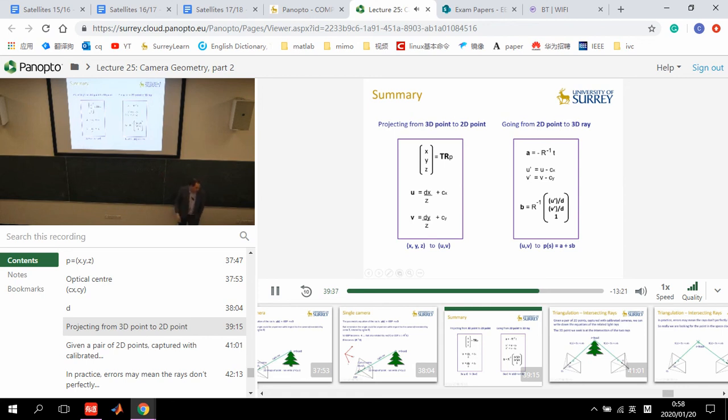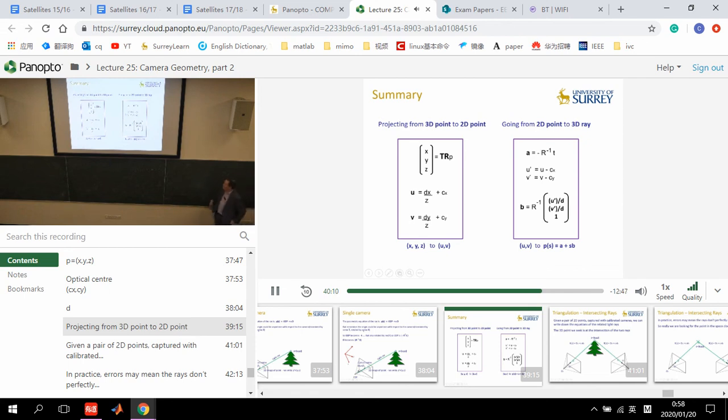We first of all come up with an expression for the center of projection of the camera, which is negative R inverse T, as we were just discussing. We're going to call that A. We're going to take our input, which is our UV, our 2D point, and correct for the optical center, by which I mean we're going to come up with coordinates u prime, v prime, which are the image of that point expressed as an offset from the optical center rather than the arbitrary origin of that image in the top left.